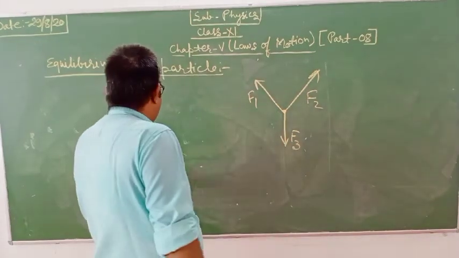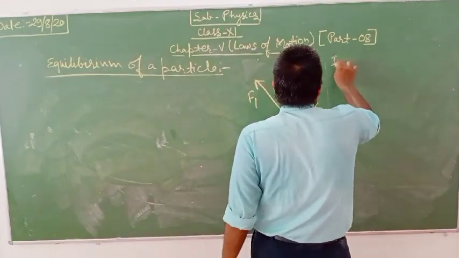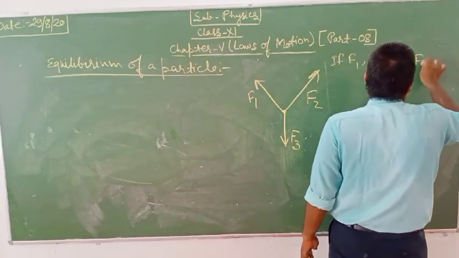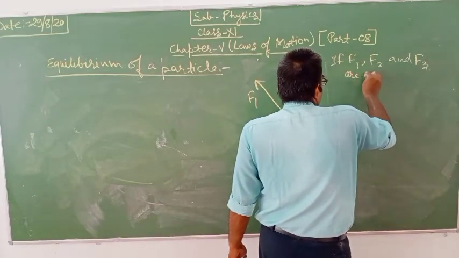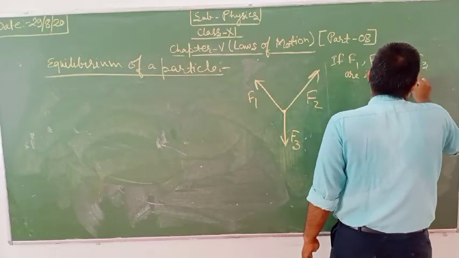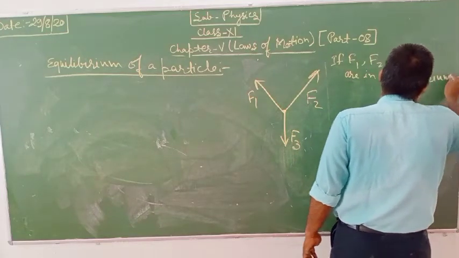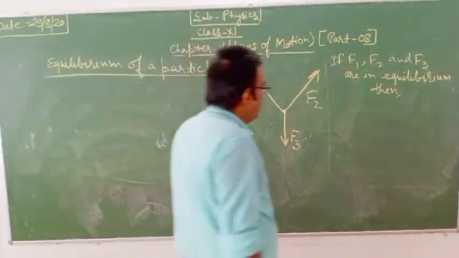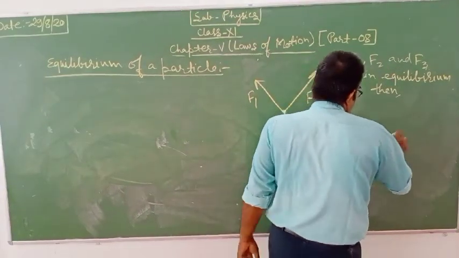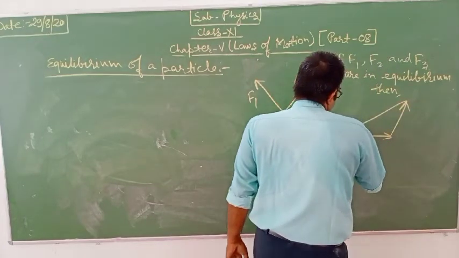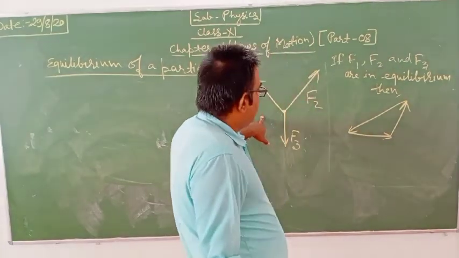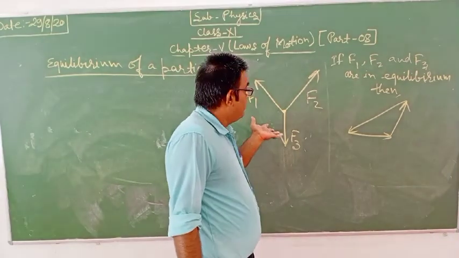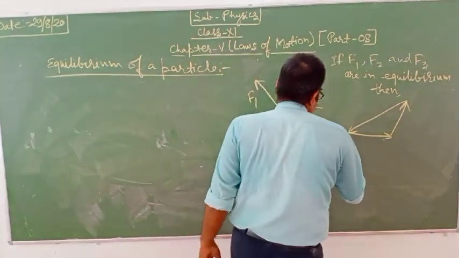And if F1, F2 and F3 are in equilibrium, then if these are three forces and they are in equilibrium, they can be represented by the sides of a triangle, or a closed figure, taken in the same order.